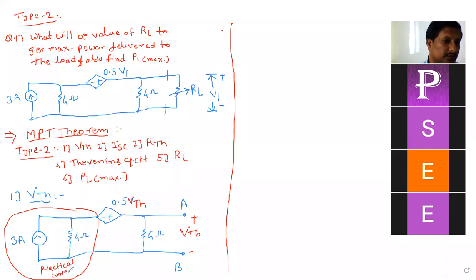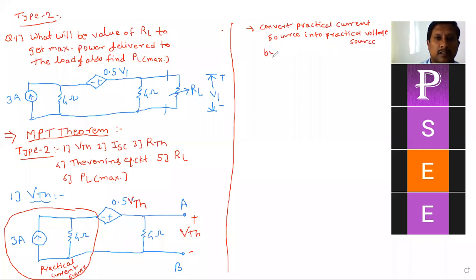So can we convert it into a practical voltage source? Convert the practical current source into a practical voltage source by using source transformation.